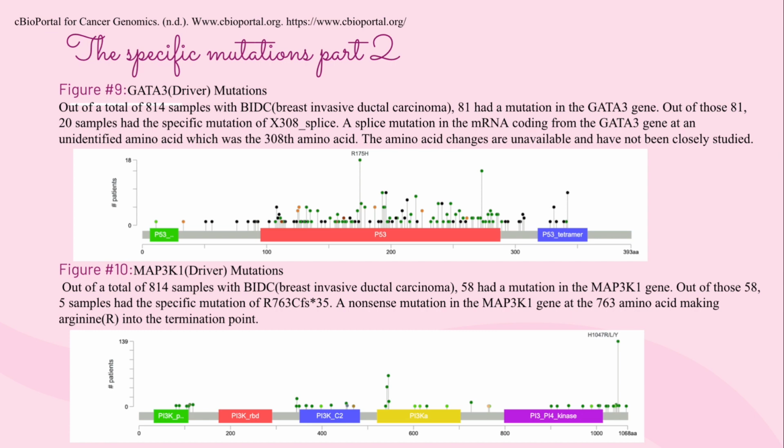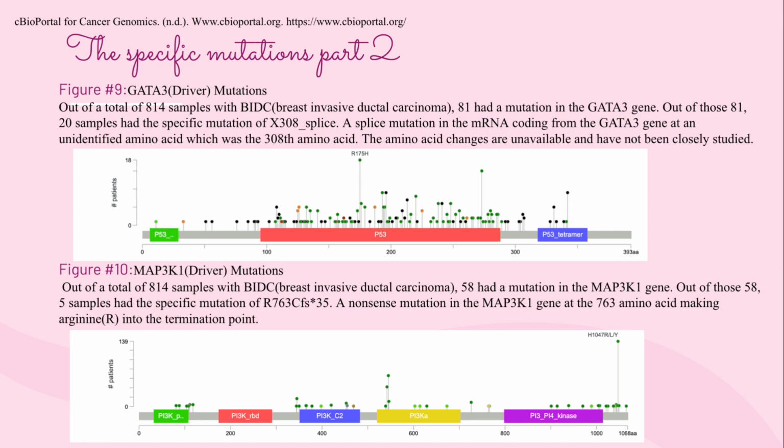Then on the MAP3K1 mutation, we have a total of 814 again, and 58 of these samples had a mutation in this gene. Out of those 58, 5 samples, the highest amount of similar mutations, had the R763 CFS35 mutation. I don't know entirely how to pronounce that, but I think that's right.